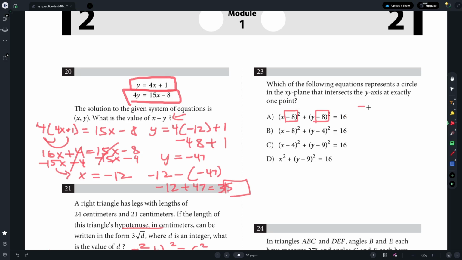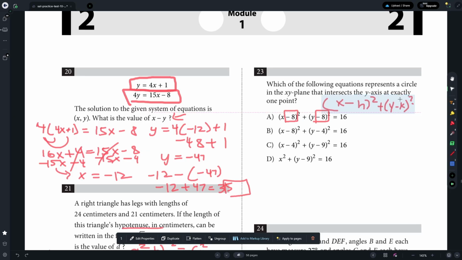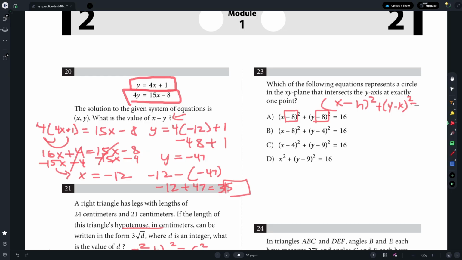Reason being, it just takes the opposite, because the equation of a circle is x minus h squared plus y minus k squared equals r squared.